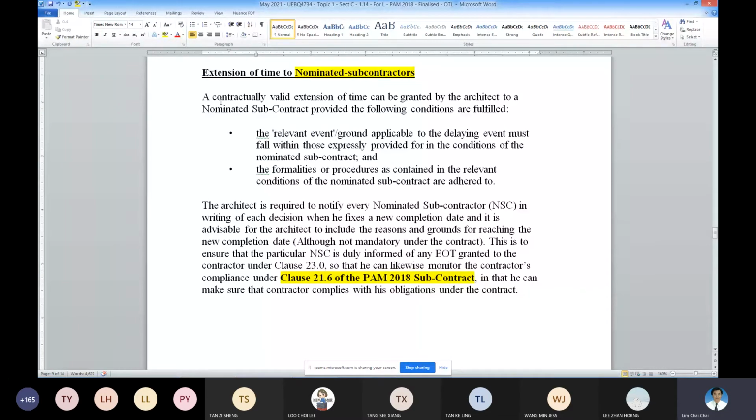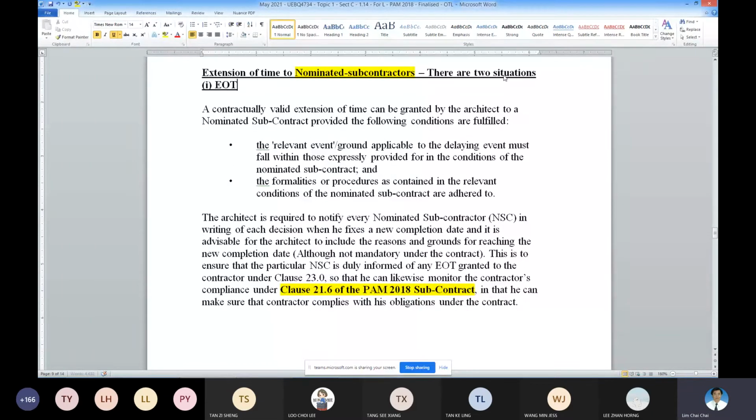So this one, extension of time to NSCs. Please remember, there are two situations. Okay. Number one, EOT by the architect.